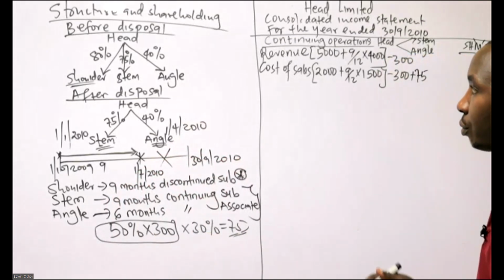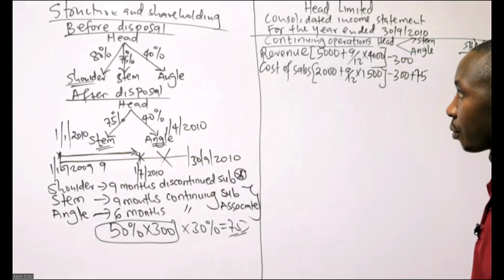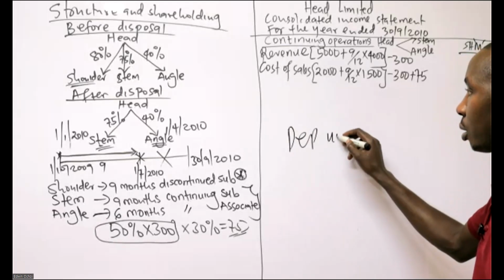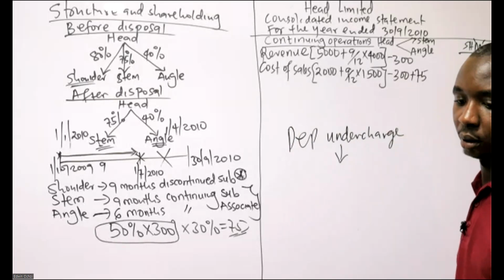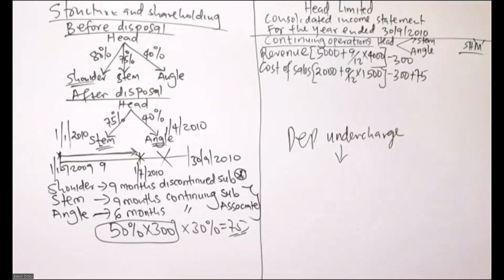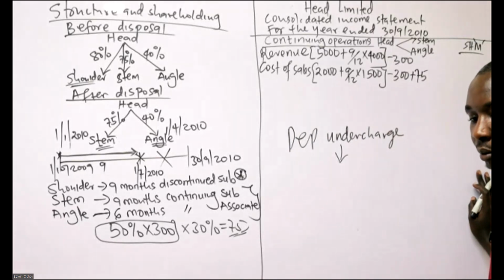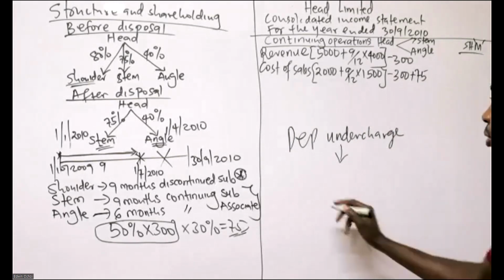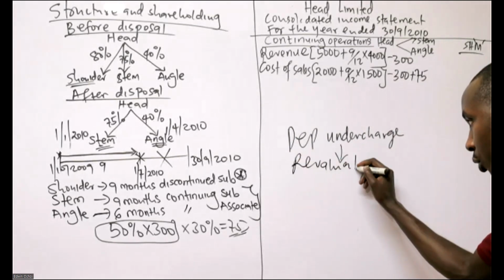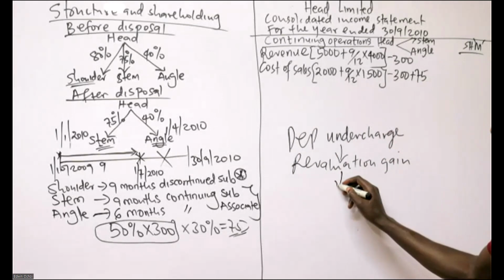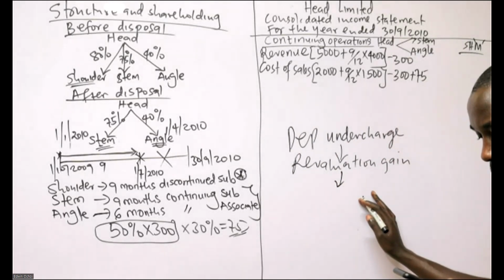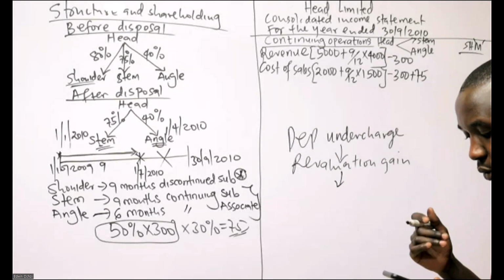Then there was depreciation. There was depreciation under charge, which arises due to revaluation gain. The revaluation gain was provided. They said 270, an item of plant, in note 2.